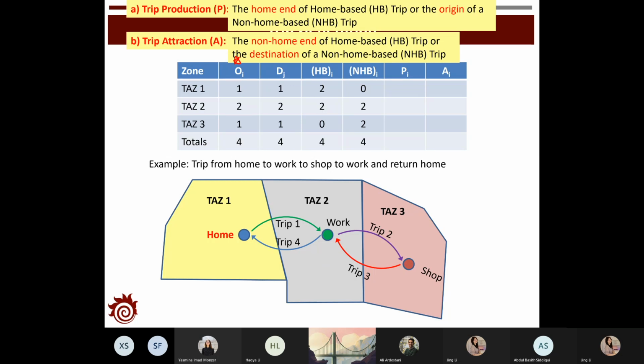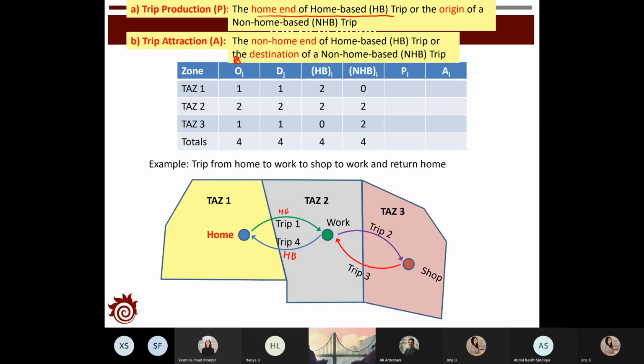Any idea about it? I can probably give you the number first for zone 1. The production is the home end of the home-based trip. Trip 1 is a home-based trip, and trip 4 is also a home-based trip.